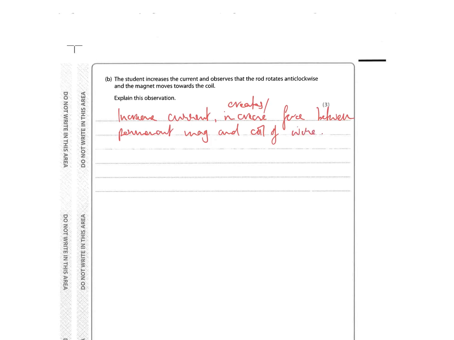Well, if you increase the current, that will increase the force between, or it creates, should I say, creates a force between permanent magnet and coil of wire. And why is that? Because the coil is becoming an electromagnet.